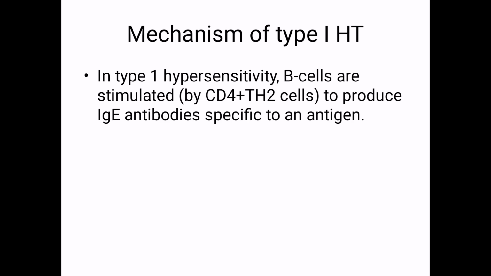What is the mechanism of type 1 hypersensitivity reaction? In type 1 hypersensitivity reaction, the B lymphocyte is stimulated to produce IgE antibodies, and this stimulation is helped by the helper cell, the CD4 cell, that secretes cytokines that stimulate the B lymphocyte to produce IgE antibodies.